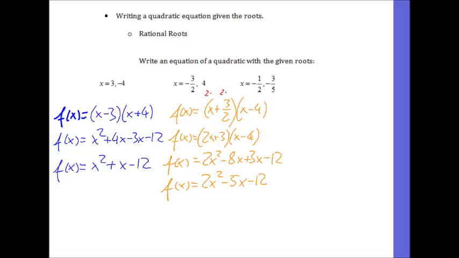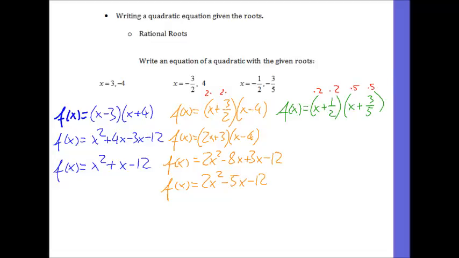And in our last example, we have two fractions, so f of x is equal to x plus 1/2 times x plus 3/5. But with our little trick, in our first parentheses, we multiply both terms times 2, and in our second parentheses, multiply both terms times 5.